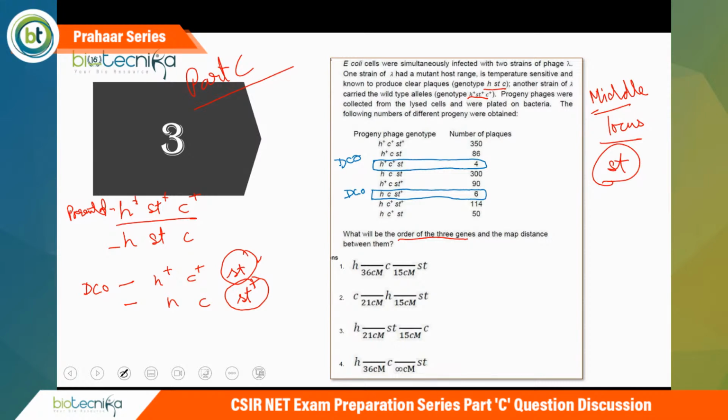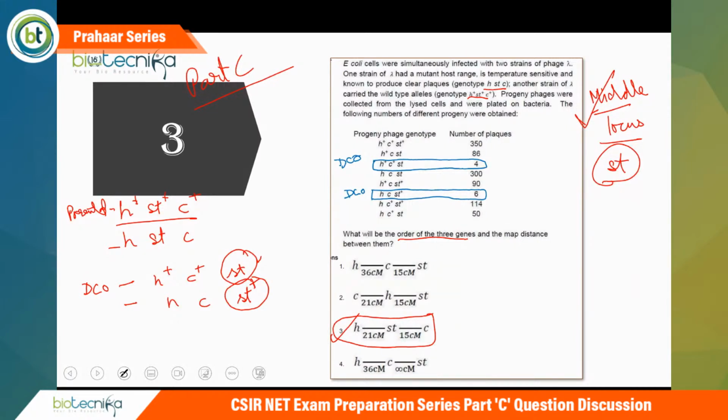If you understand the concept of the 3-point test cross, you can find this in about a minute. So you don't even have to check the map distance. Directly you can go for the third option, and that will be the correct answer.